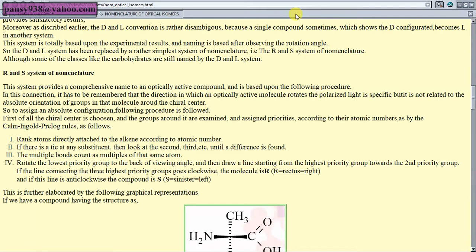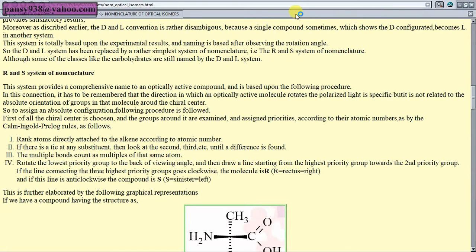There are different rules which are obeyed to name a compound by this system. First of all, the chiral center is chosen and the groups around it are examined and assigned their priorities according to their atomic numbers, as by the Cahn-Ingold-Prelog rules.